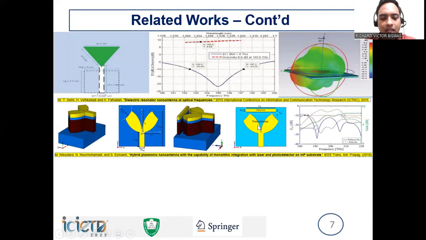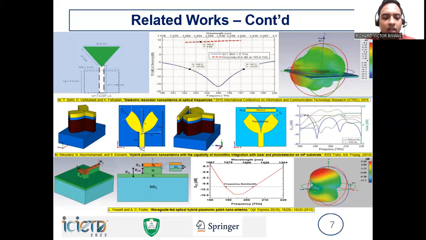Then a hybrid plasmonic nanoantenna with the capability of monolithic integration with laser and photodetector on indium phosphide substrate was designed and simulated by Nicoford et al. By using the finite element method, it was observed that this nanoantenna can radiate and receive the optical field with a gain of 6.6 dB and return loss of -22 dB at the frequency range of 180 to 220 terahertz.